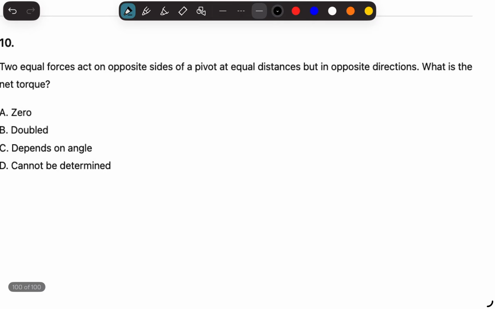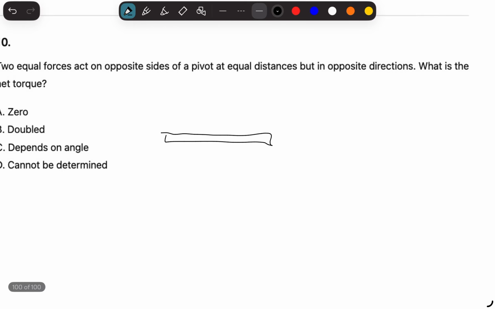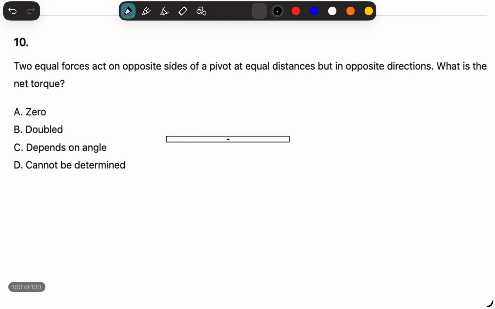Two equal forces act on opposite sides of the pivot at equal distances but in opposite directions. What is the net torque? So one is this way, one is this way. We can see that it's going to be 90 degrees, so sine theta is going to be maximized.